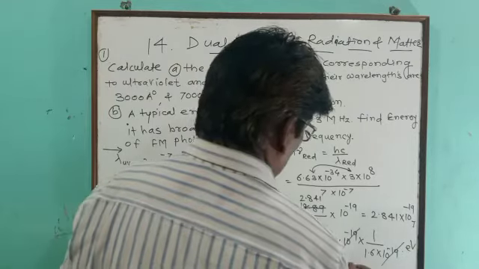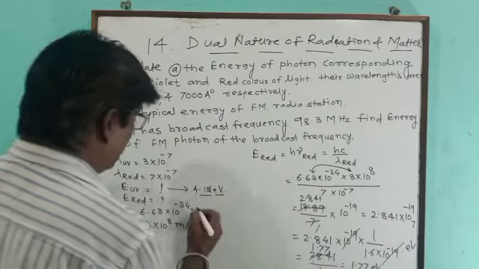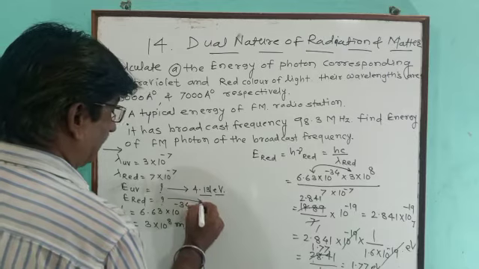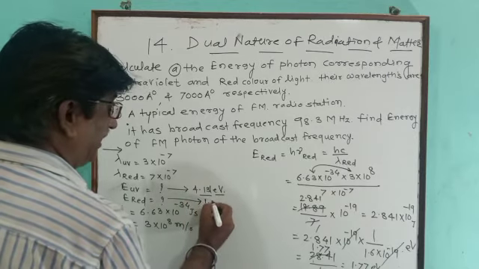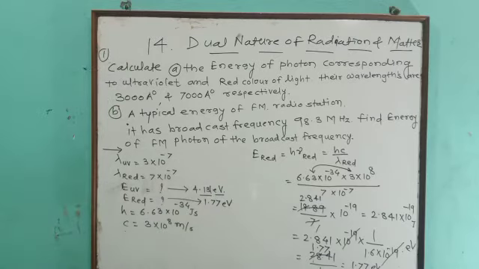Here 1.77 electron volt, which means for red color the energy will be less, that is 1.77 electron volt.